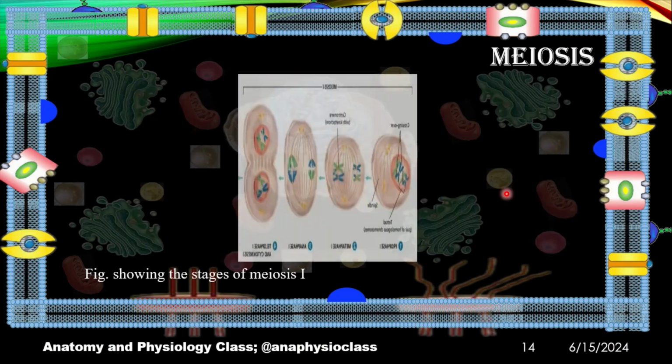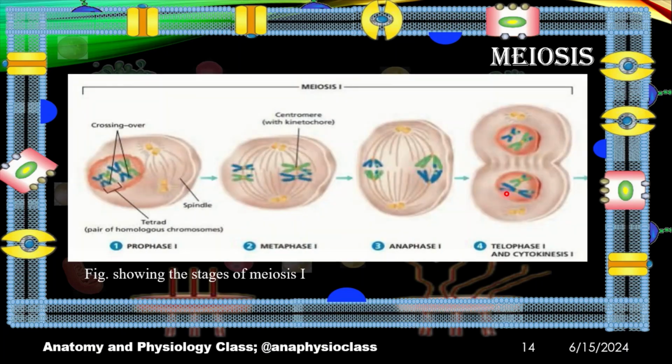Now back to meiosis. So the steps of meiosis include two major rounds of cell division. The first one is meiosis 1, or the first meiotic division. In meiosis 1 there are some stages that are similar to those of mitosis: prophase, metaphase, anaphase, and telophase.